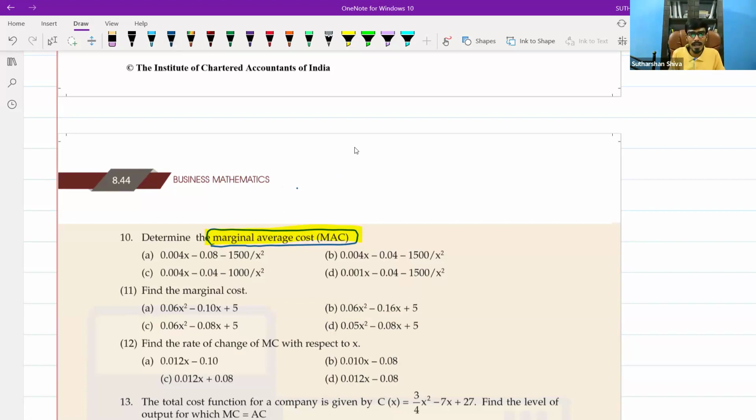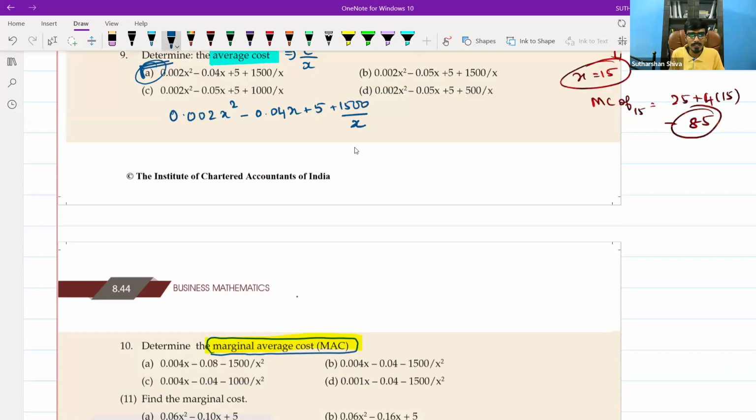We already have this as my average cost, right? I will take the same thing and go for my marginal average cost. Marginal average cost is the derivative of that. You need to do a differentiation process. It will become 0.02 into 2x minus 0.04 into 1 plus 5.